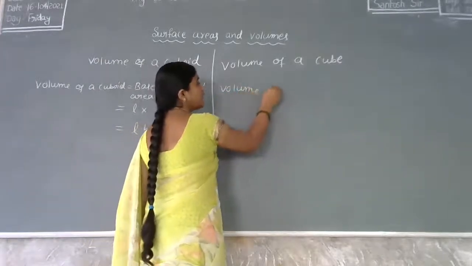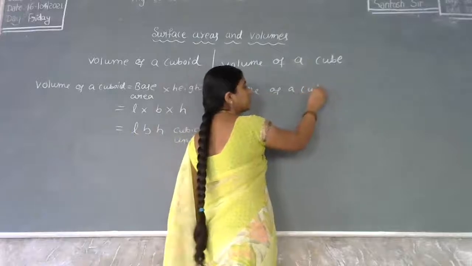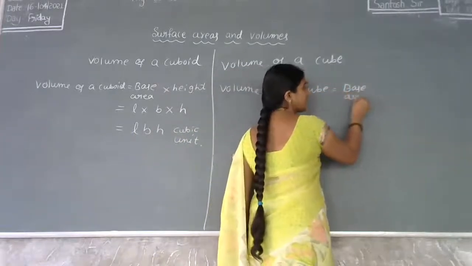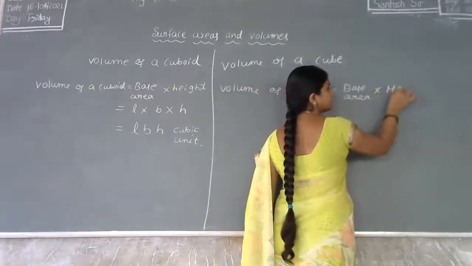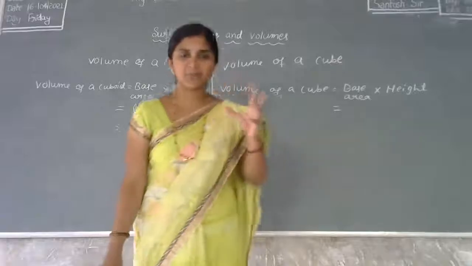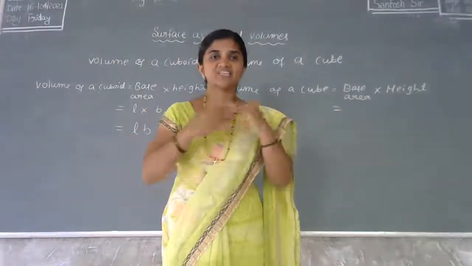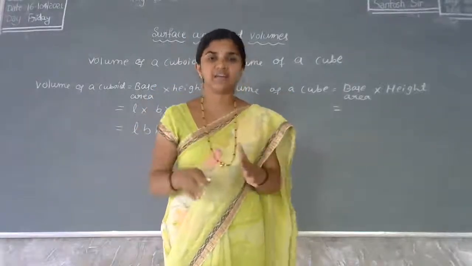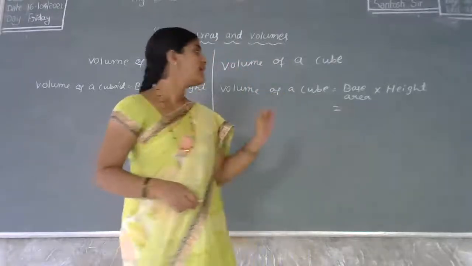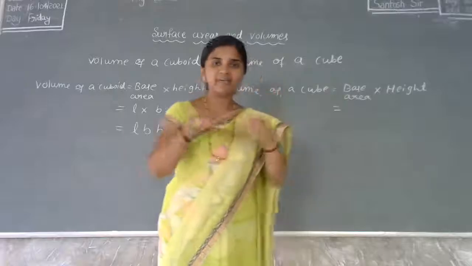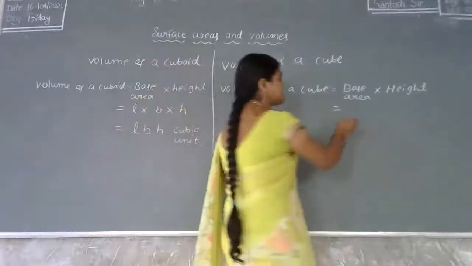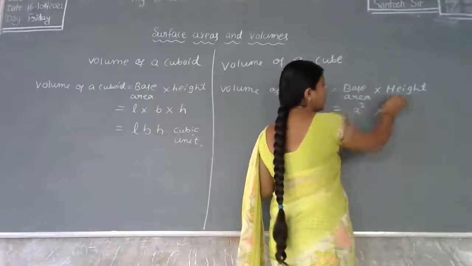Volume of a cube is again base area into height. Just imagine a cube. Each face is a square face. All the faces are equal and each edge we are taking as small a. Now base area is a square face. What is the area of a square? a square, into height.